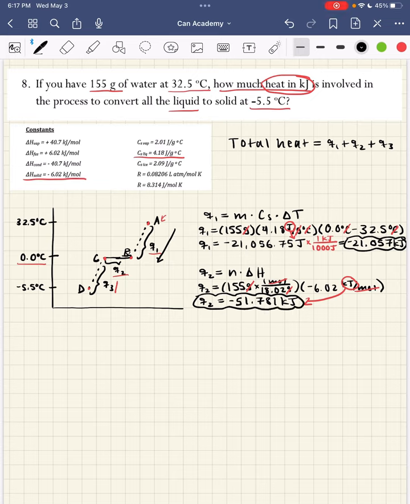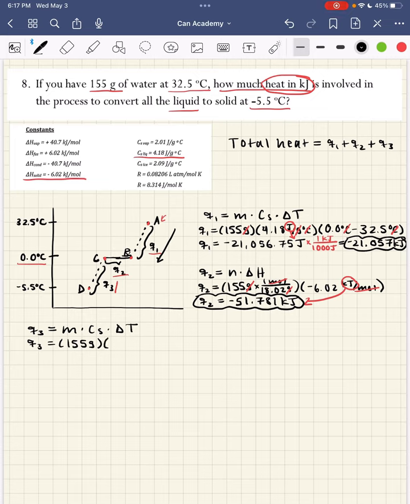Now, our last thing we need to find is Q3. Because, once again, this is a cooling process, not a fusion process, we're going to use the same equation we used to find Q1. So Q3 equals M times specific heat times delta T. Our mass stays the same. We still have 155 grams of ice now.